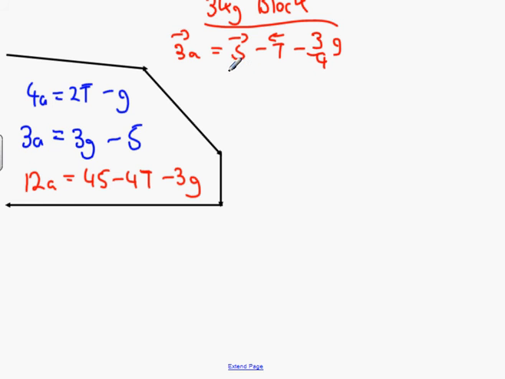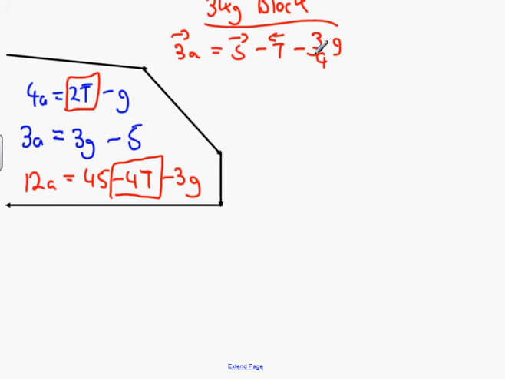Okay, I have an idea, right? My idea is to isolate 4T. The reason why I'm going to isolate 4T is 4T is exactly double 2T. It means I won't have to deal with any fractions, okay? So I'm going to isolate 4T, and then I'm going to multiply that second equation by 2 to make sure I have a 4T handy, okay? Don't have to deal with any fractions today.